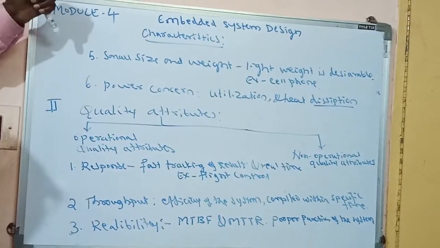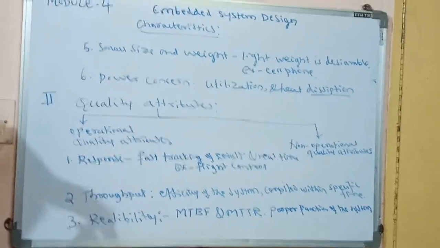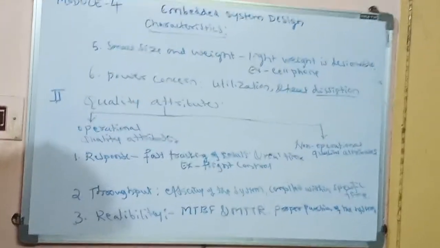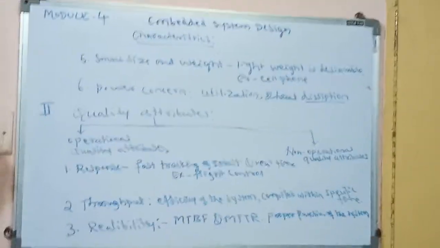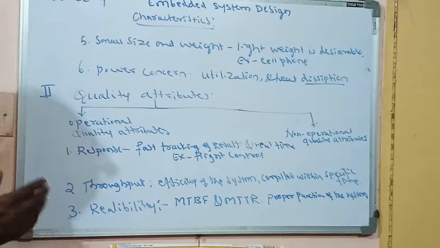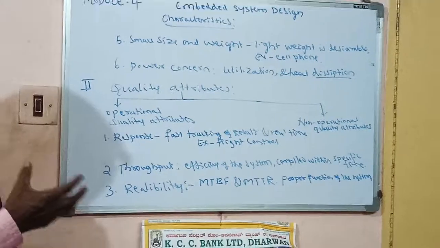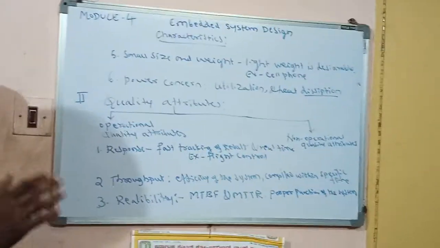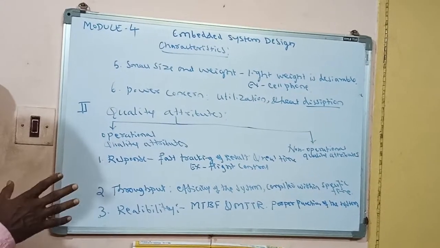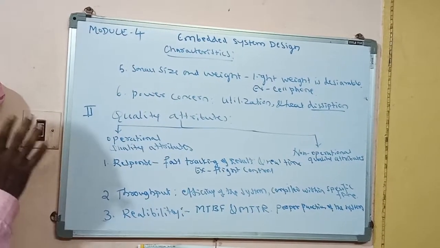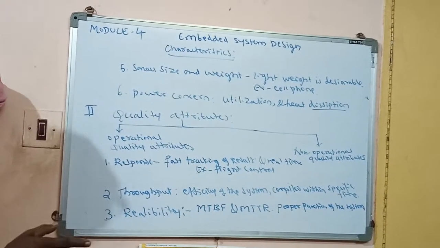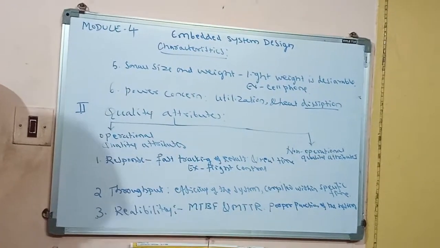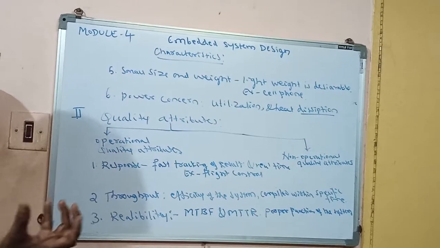So we will come to another important characteristic, number 5, small size and weight. Almost all people, the customers, require lightweight and cost-effective products, and most people prefer lightweight. The embedded system provides such facilities. For example, take all the cell phones and Android devices, they are required to be very small.